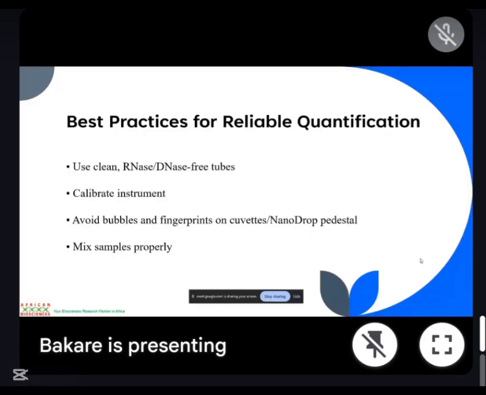Once you do sample one, you clean again before sample two, to avoid cross contamination. When you are picking your sample, you have to avoid bubbles. Your pipetting skill is very important here as well. And like I said, you have to mix your samples properly, vortex it to make sure that your DNA is not sitting at the bottom.